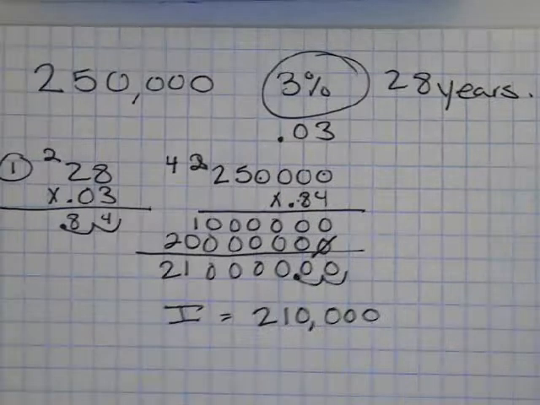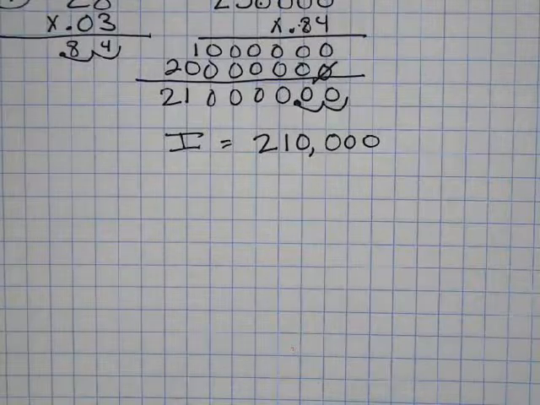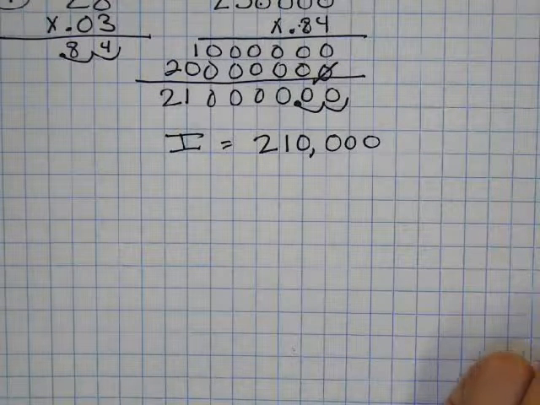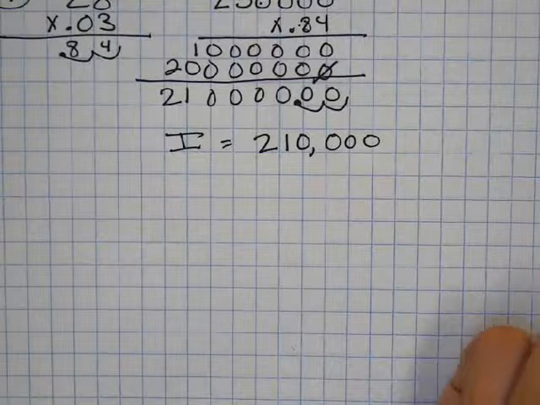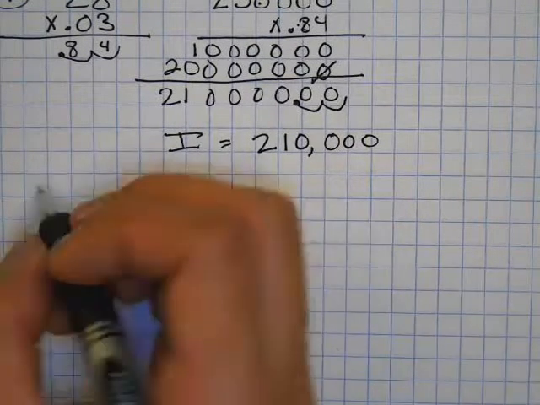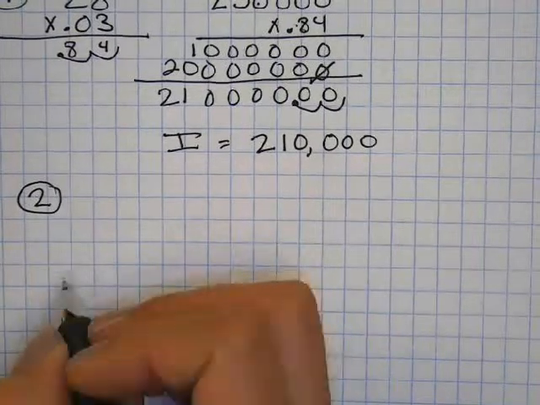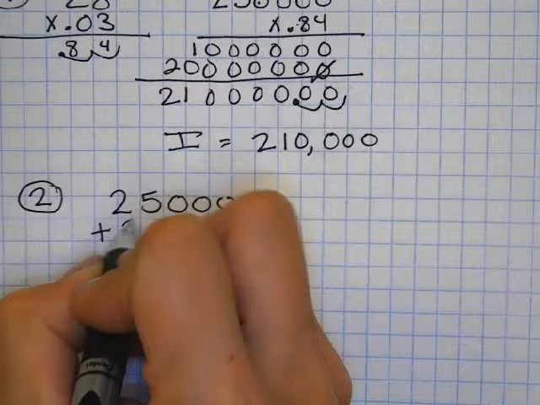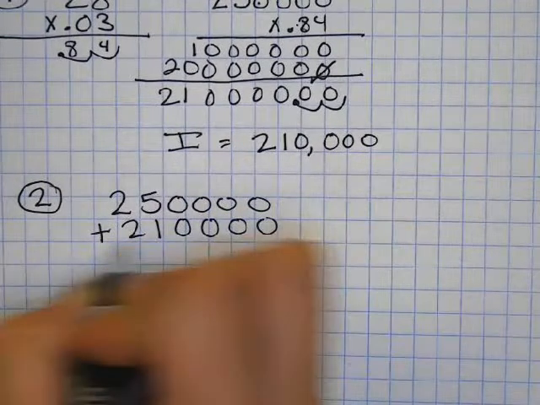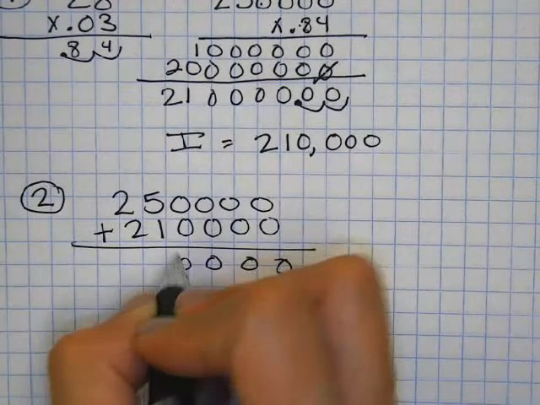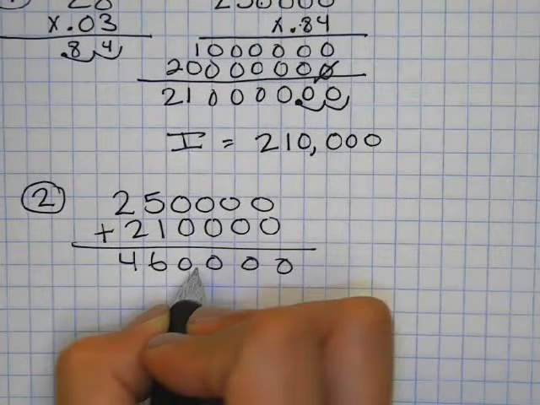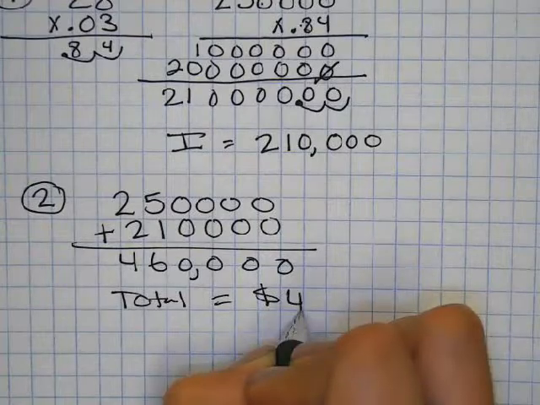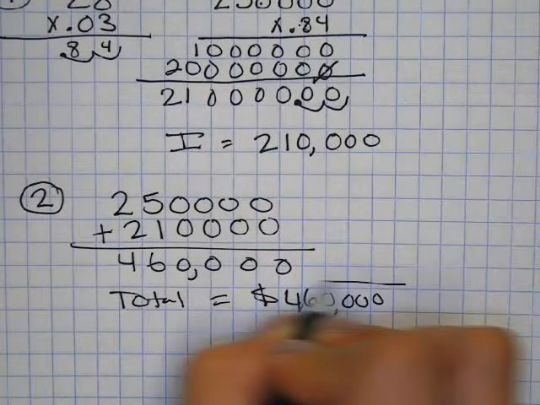That's your interest. But, are we done? No. What do you still have to do? You still have to add on your paper, so you're not done with this problem, so I shouldn't see the pencils stop working. Second step, take 250,000 and add 210,000. So your total is $460,000.